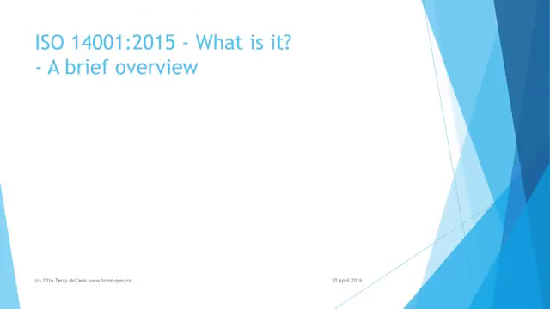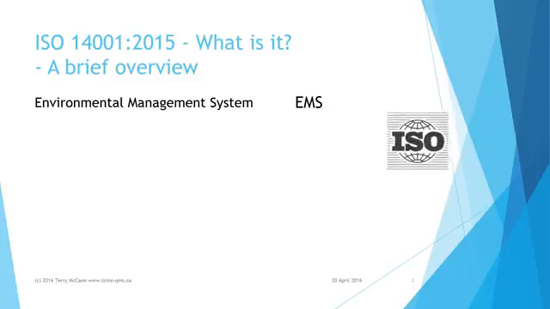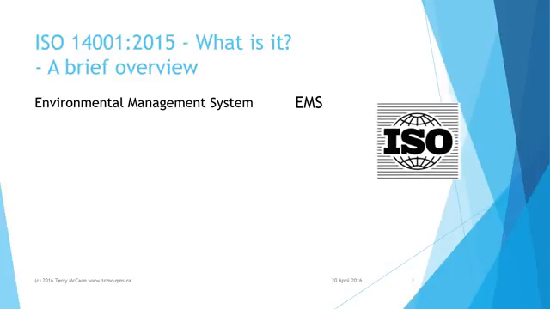In a nutshell, ISO 14001 specifies the requirements for any organization, I stress any organization, to be able to claim that they have an environmental management system, or EMS, that conforms to specifications set by the globally recognized International Organization for Standards, or ISO.